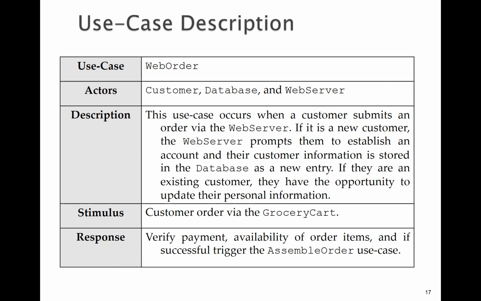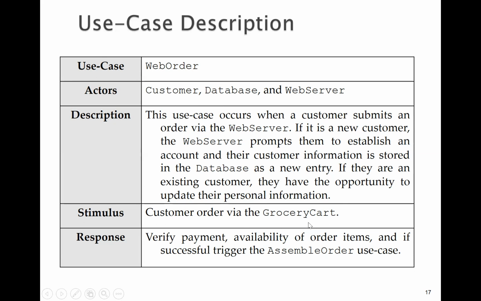If that's a new customer, then there's going to be an account created. So customer information will be stored in the database as a new customer or new entry. If we talk about an existing customer, then we may simply update the record.